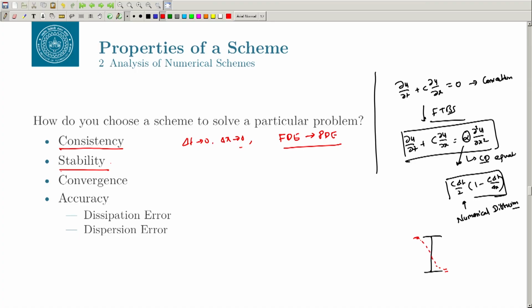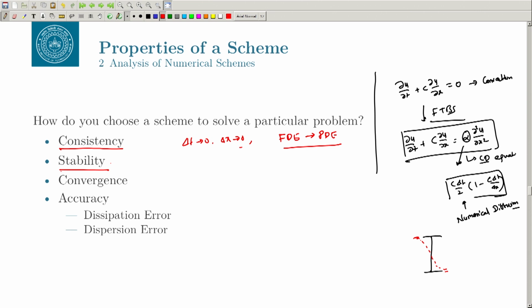So, how do we determine stability of a scheme a priori, before using it in a problem? Of course, when you use a scheme without thinking about it, it is likely that it will blow up, and then you have to go back and find out why it blew up. So, that is what we are trying to find out, whether the scheme is stable or not, and there is a formal definition for that. We will look into that later.